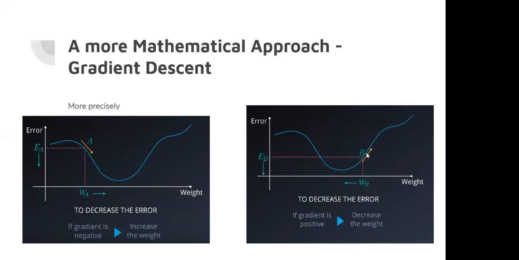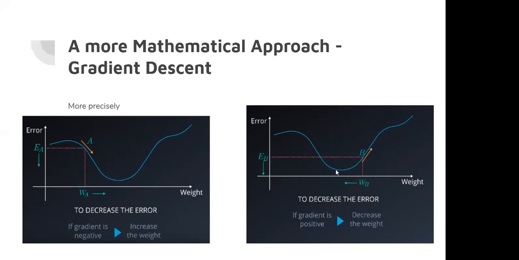When I say slope, it can also be termed as gradient. This is the gradient that we are calculating. You see the slope is moving upward. What you do is you decrease the weight. If you decrease the weight in this direction, the error is going to go down.